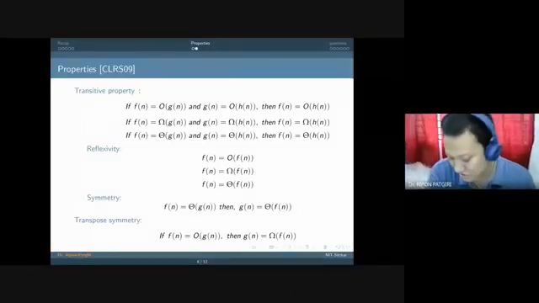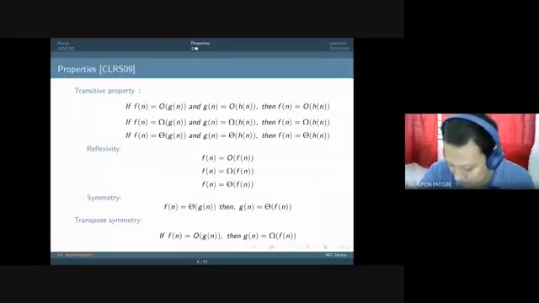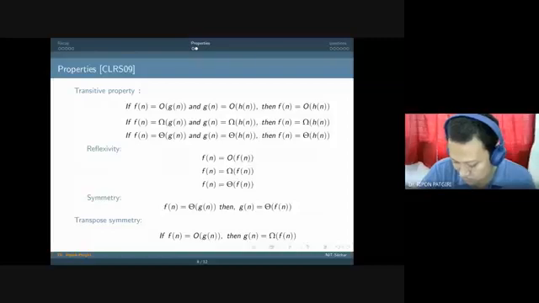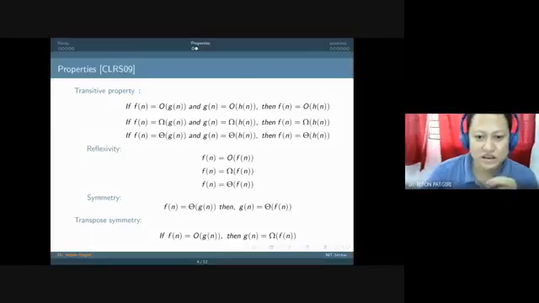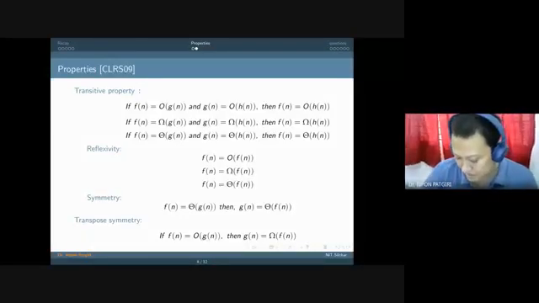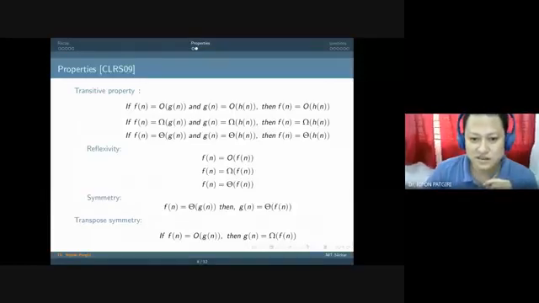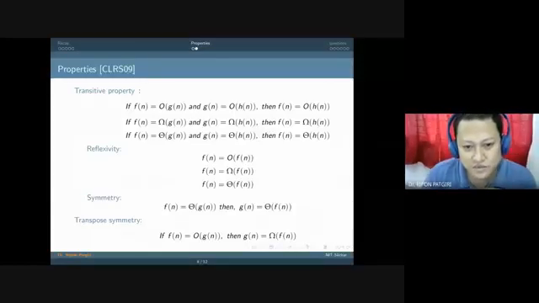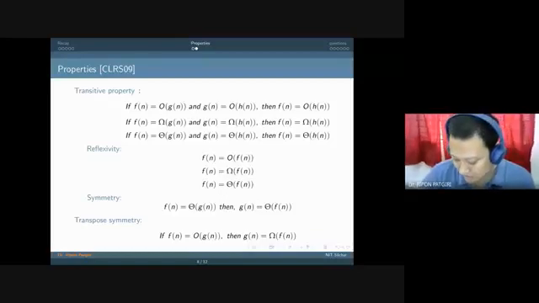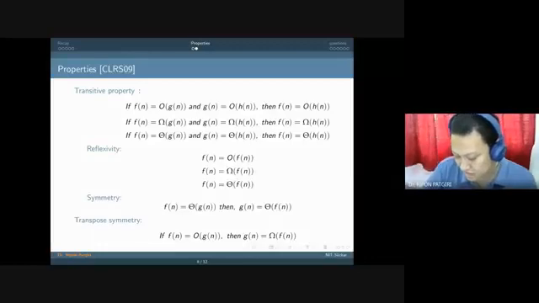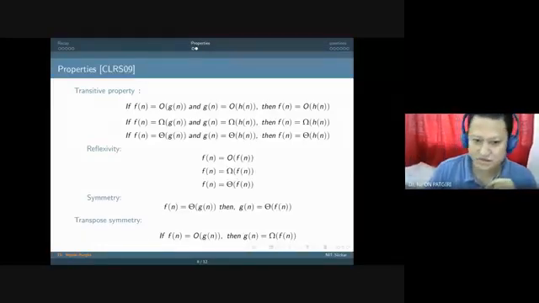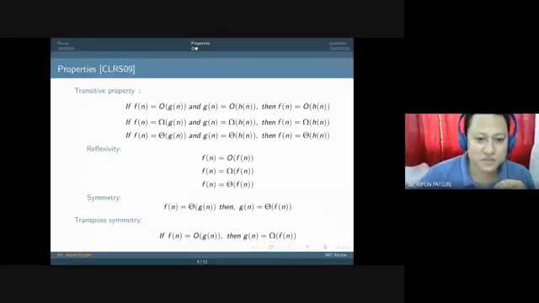Then if Riya loves Palas, then Aditya loves Palas. This is known as the transitive property. That means if Aditya loves Riya, and Riya loves Palas, then Aditya loves Palas. That is the transitive property.